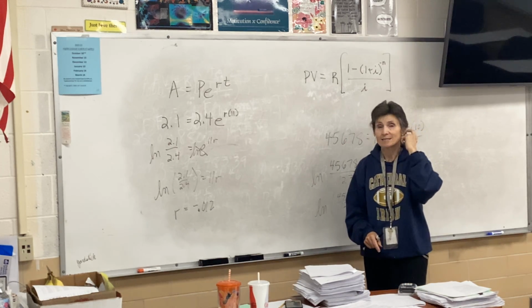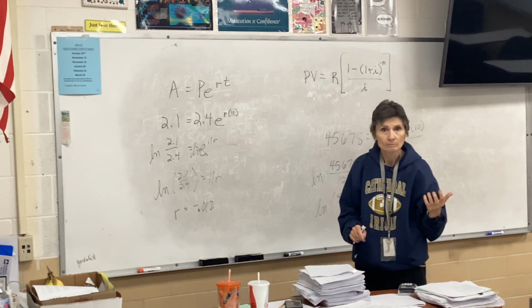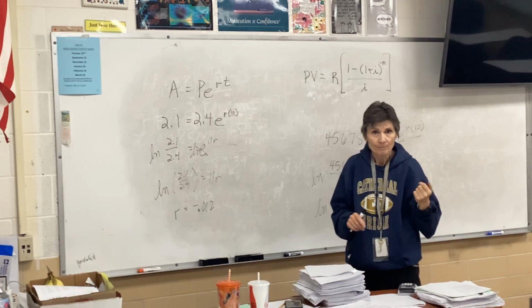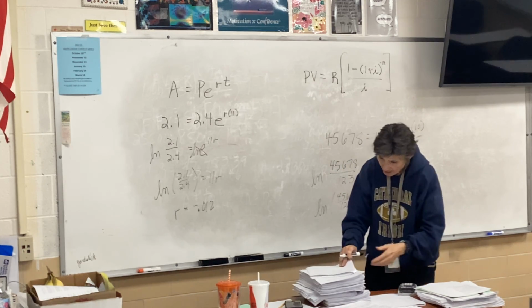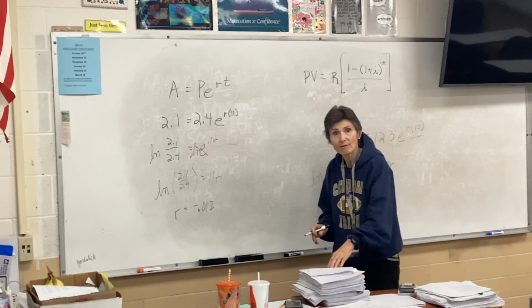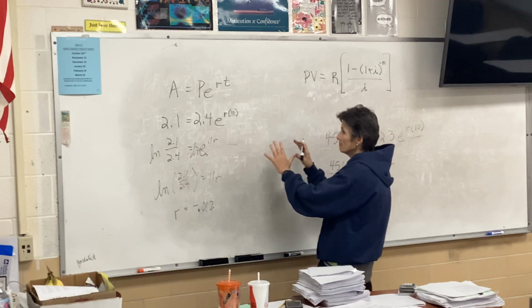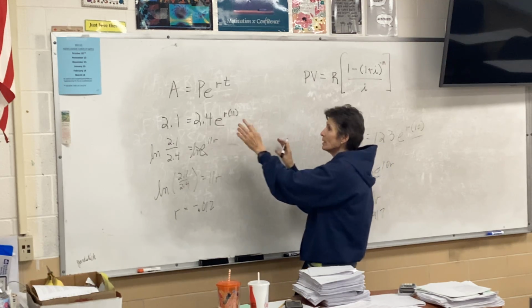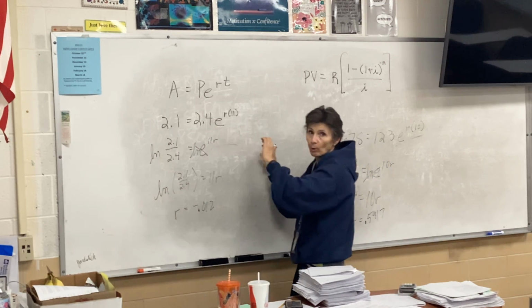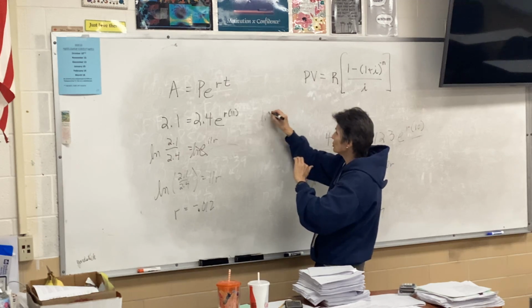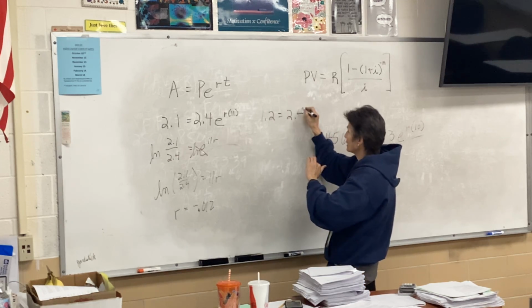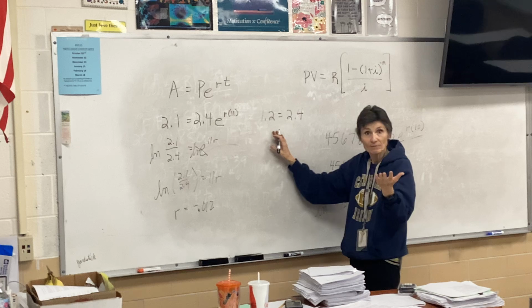Did the question say find R, find the growth rate or decay rate? No, the problem said, find the half-life. So I want you to go back to the problem. I don't want 2.4 to go down to 2.1. I want 2.4 to go down to 1.2, don't I? If I'm half-lifing.